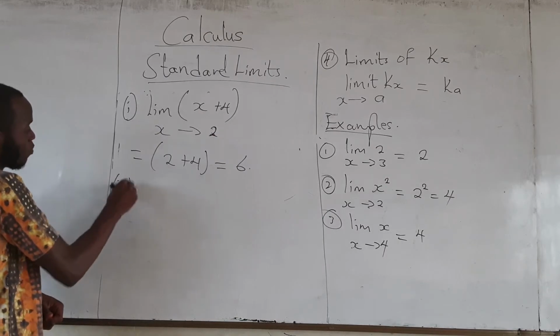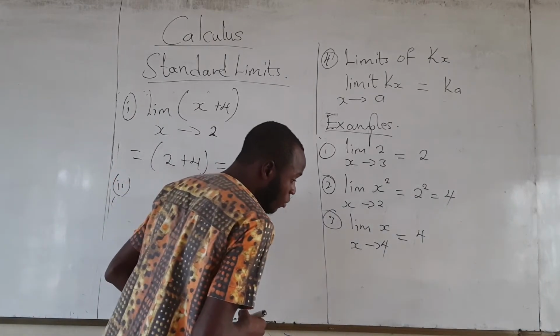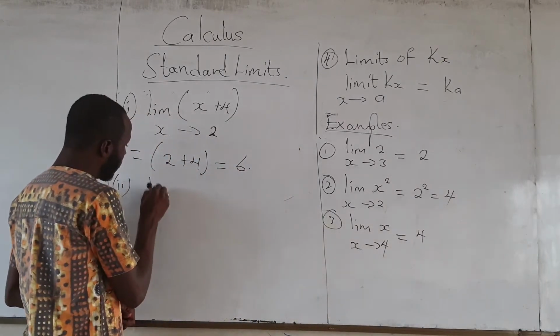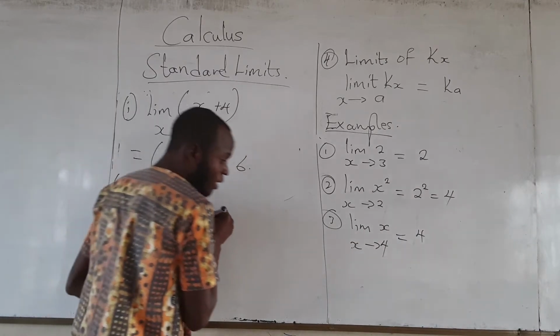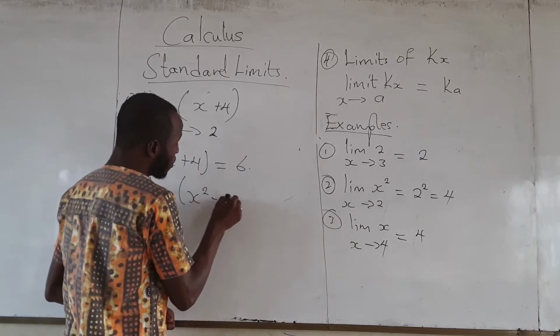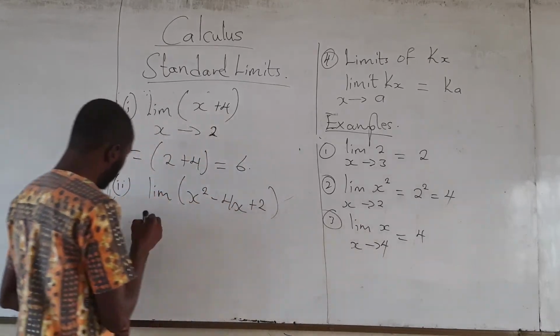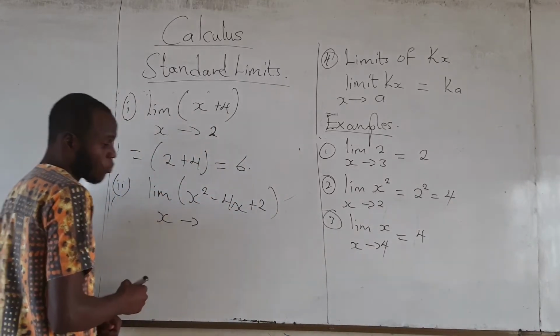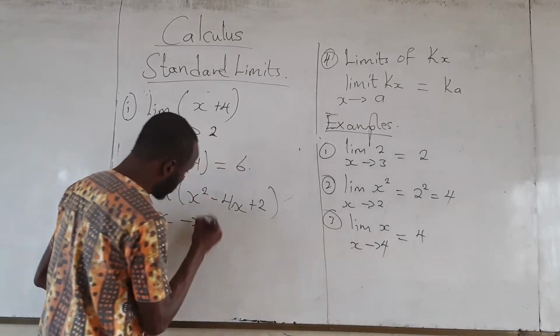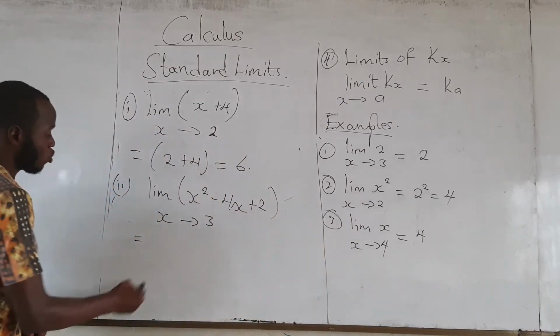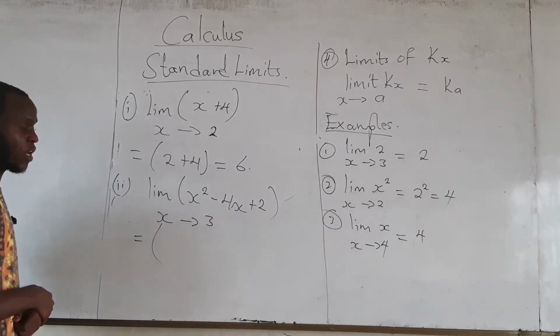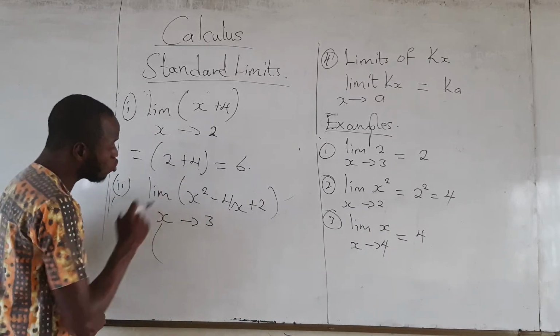Then the second example, which will help us understand the concept very well: the limit of x squared minus 4x plus 2 as x approaches 3. All you need to do is pick the function itself, then substitute the value of x into the function.